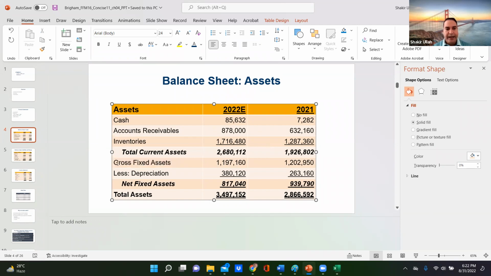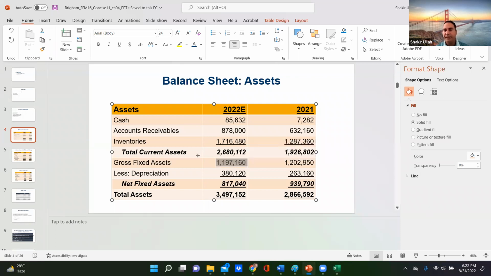All right. And the term gross, what we mean by that is the gross amount that you paid to buy those assets. That is the gross value of the fixed assets. So in this particular case, for example, if we look at the 2022 number, that is almost 1.2 million, right?